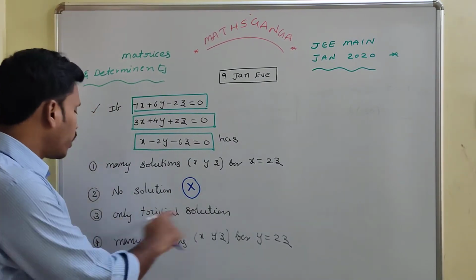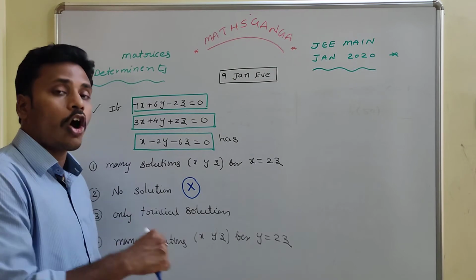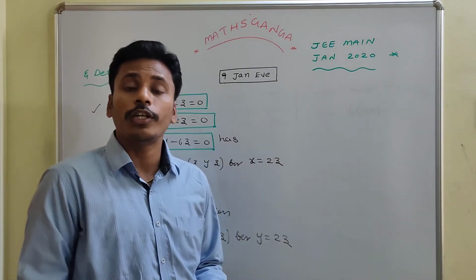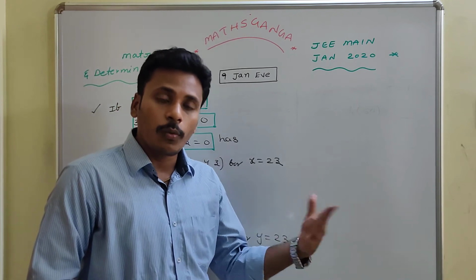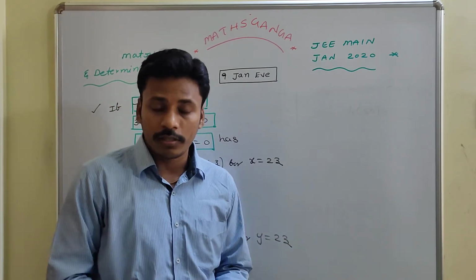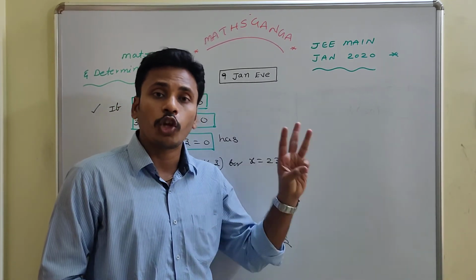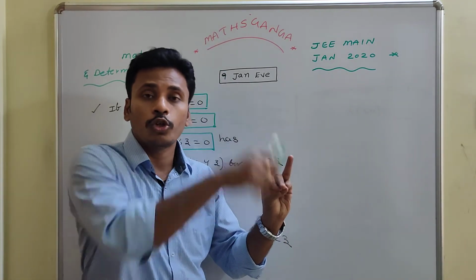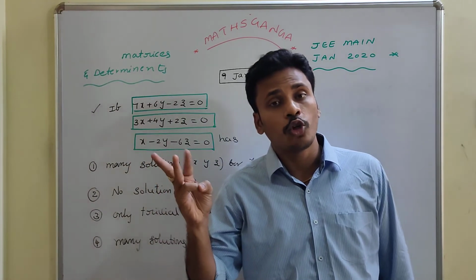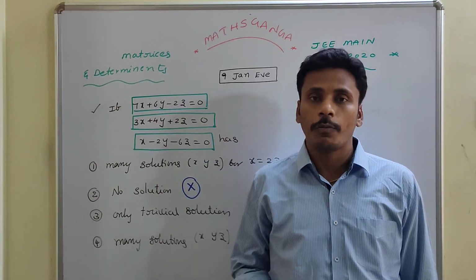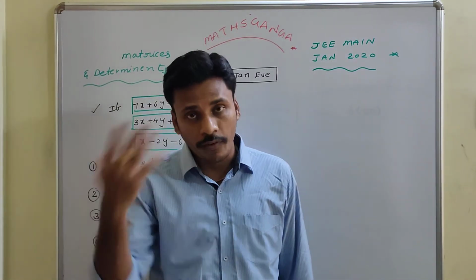Then coming to the third case, only the trivial solution, or it may have many solutions. That's what you need to think. For normal linear equations, we have three options: one solution, no solution, infinite solutions. For homogeneous equations, we don't have the no solution case. Always we have only two options: either one solution or infinite solutions.